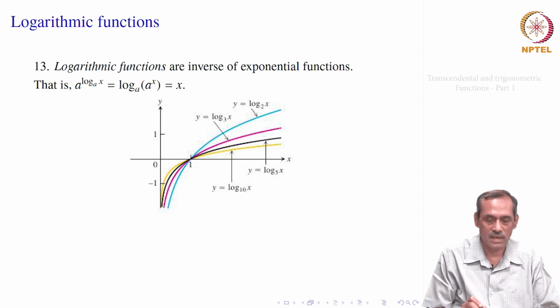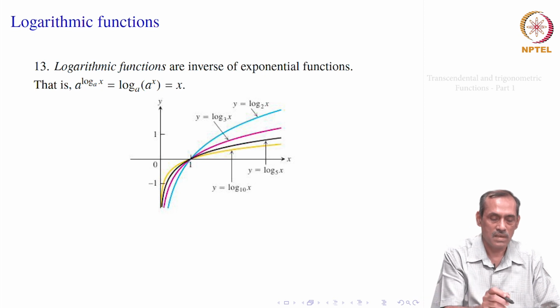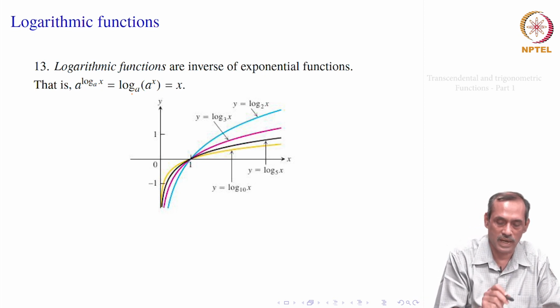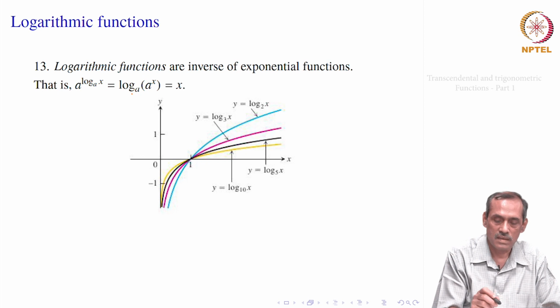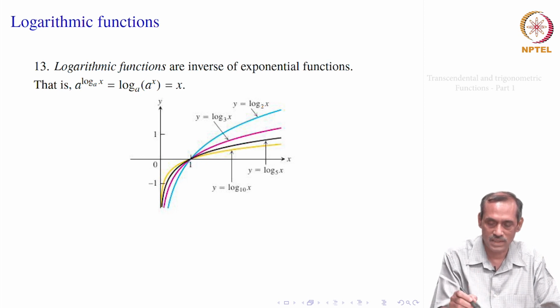Now, let us take another, which is the inverse of this exponential function. So, we will write that as log x. So, here y equal to log x to the base 2. So, what is the meaning of this to the base 2?